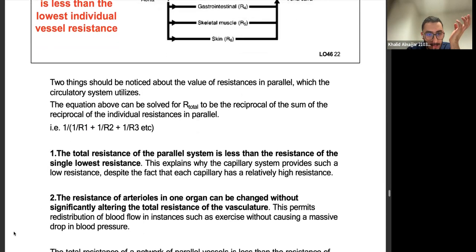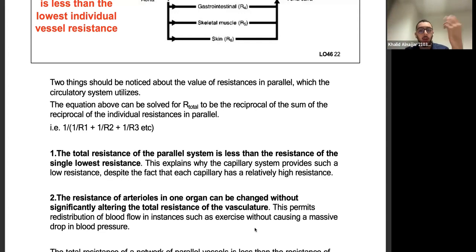It's written here: the resistance of arterioles in one organ can be changed without significantly altering the total resistance of the vasculature. Again, remember that within the organs or within the system, you have parallel circulation. So if you change the resistance of one of the arterioles in this organ for any reason, you will not make a huge change in the total resistance of this vasculature.